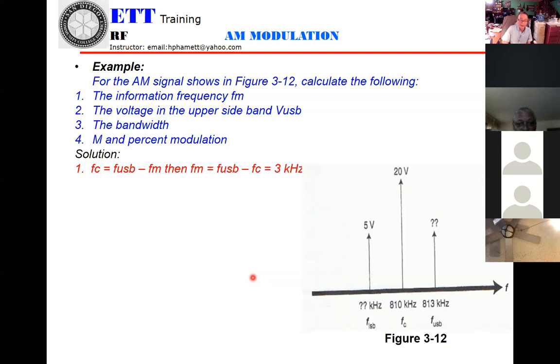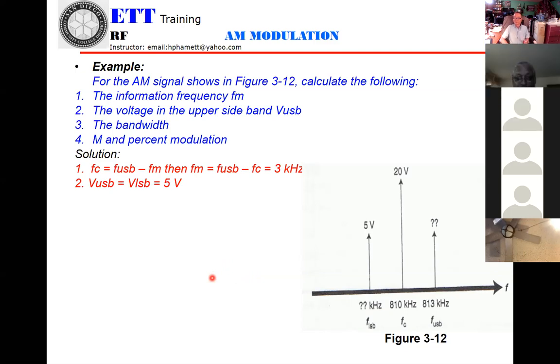Number 2 will be easy. What is the value of the upper sideband voltage? 5 volts. They have to be the same as the lower.